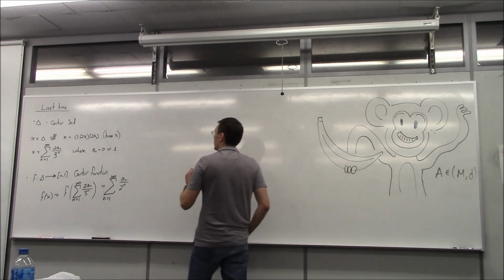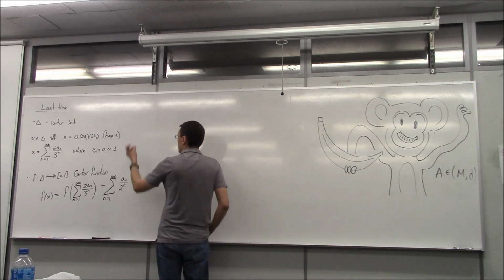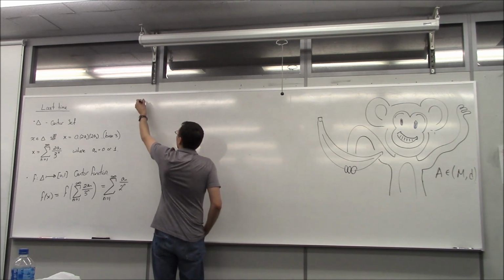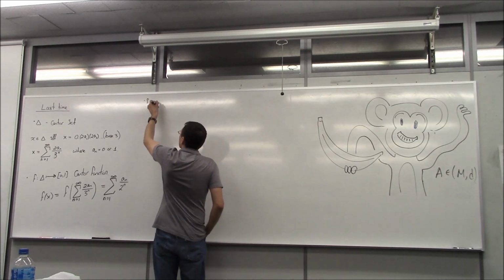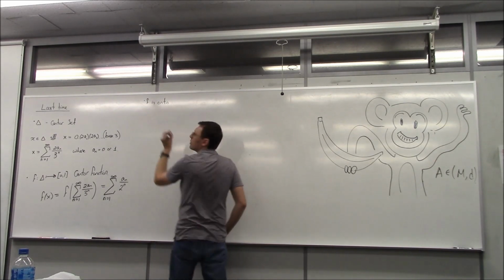Okay, and what we observed about this function, so first of all, that means that f is onto or surjective.